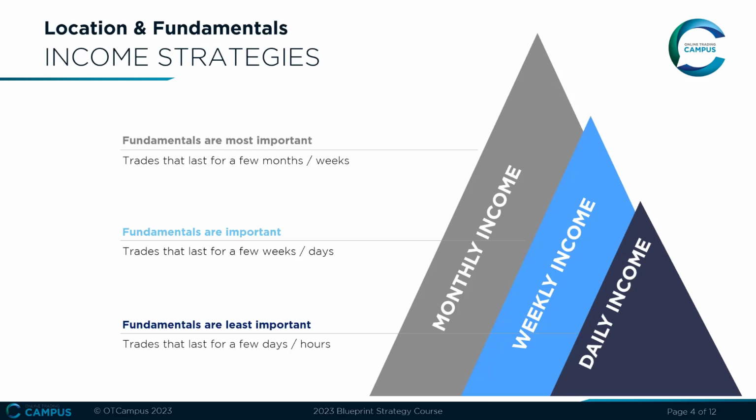So if we look at daily income, for example, we're going to look to find trades that last for a few days or maybe just a few hours. If we look at weekly income or swing trades, then we're trying to find trades that last for a few weeks or maybe just a few days. And if we're going to apply a monthly income strategy, then we're looking to find trades that we can then hold for a few months or maybe just a few weeks.